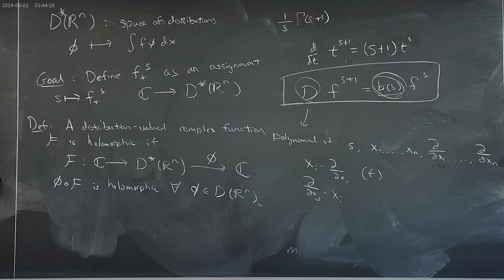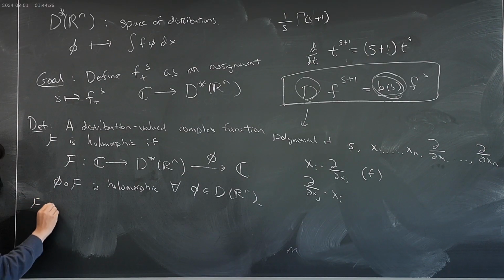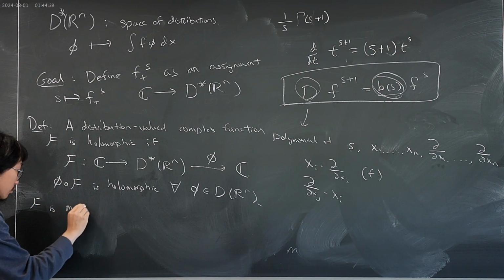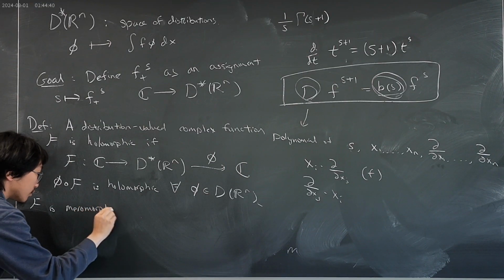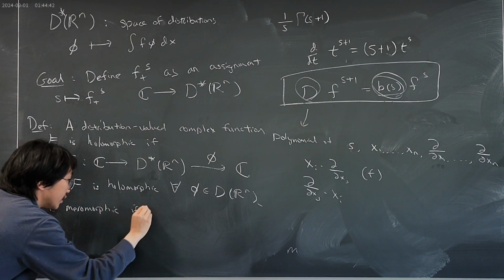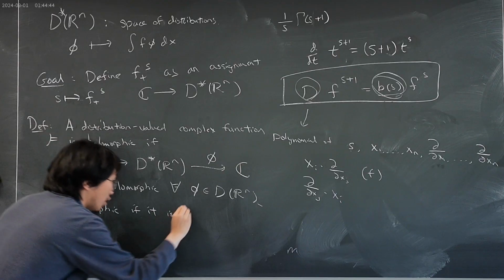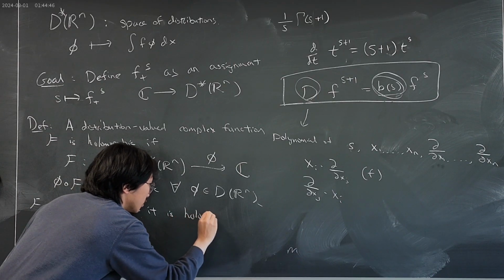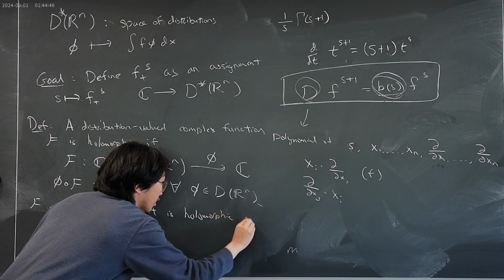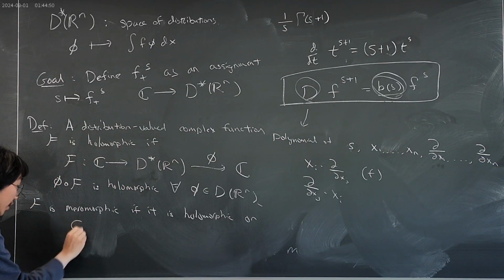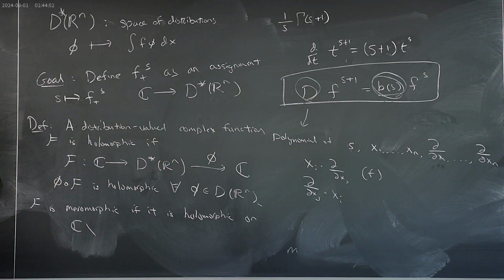We're not going to have a holomorphic function, but we will have a meromorphic function, which is, as you would define in complex analysis, f is meromorphic if it is holomorphic on the complex plane minus some set of poles S, which has no accumulation points.